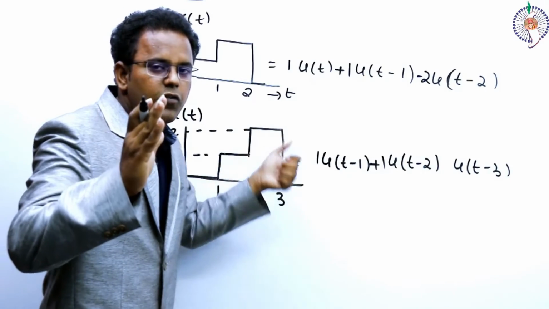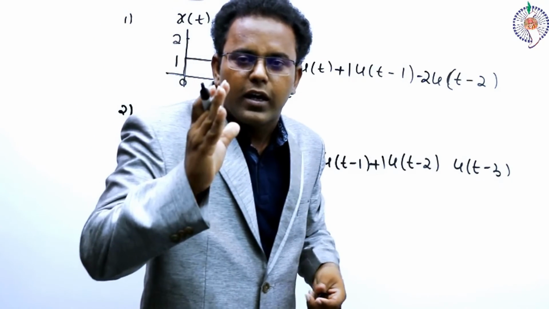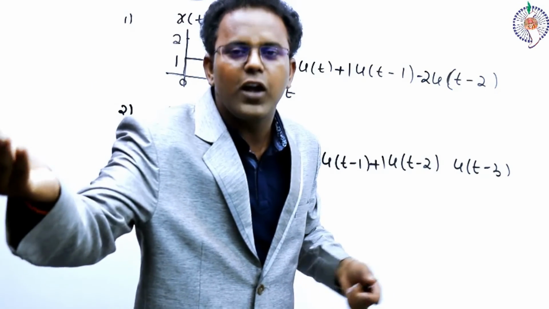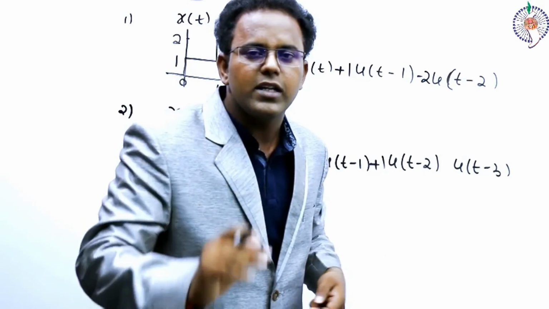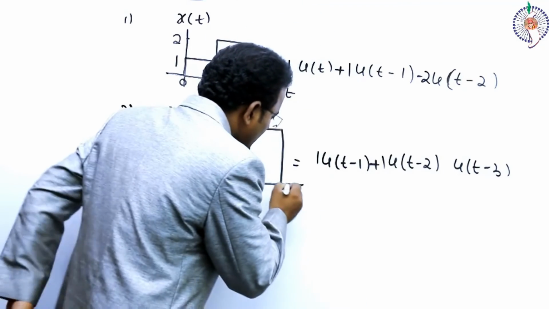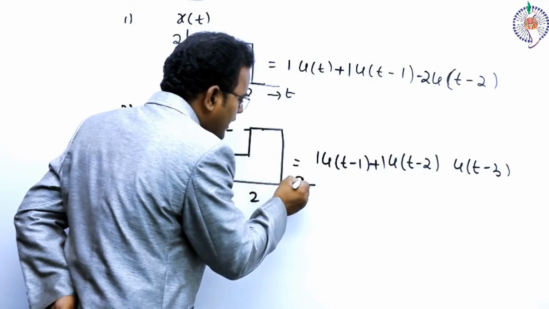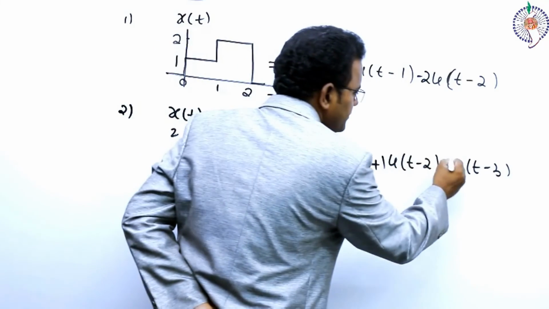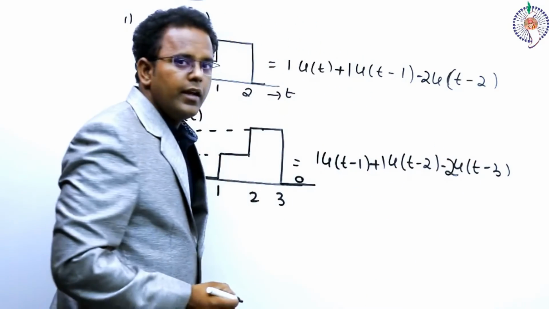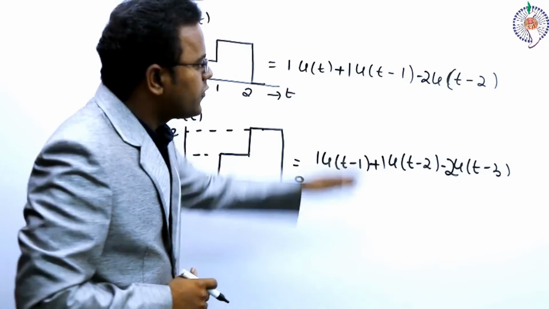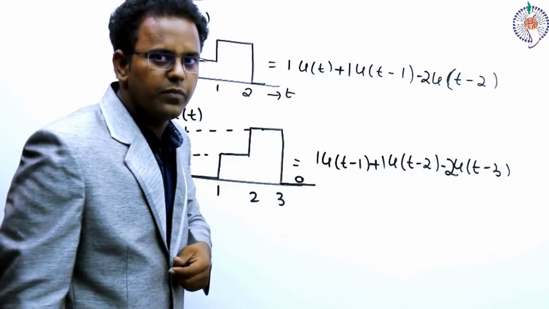At any instant of time, please understand, right side values are called final, right side amplitude value, and left side is called initial. So at 3, right side amplitude 0, left side amplitude 2. Final minus initial. That is the representation of the given signal in terms of these shifted step signals.